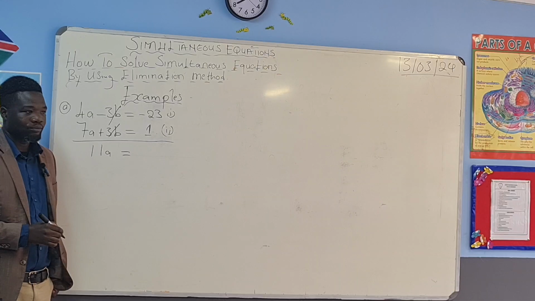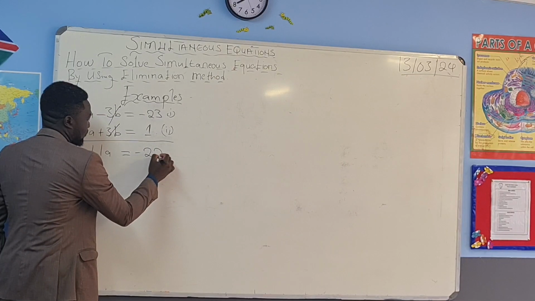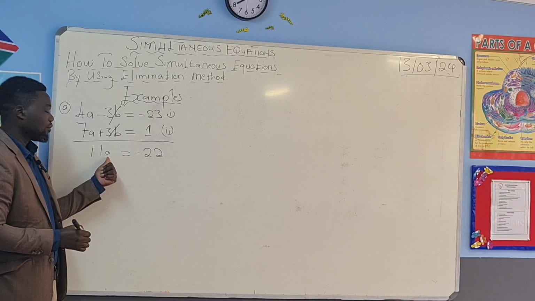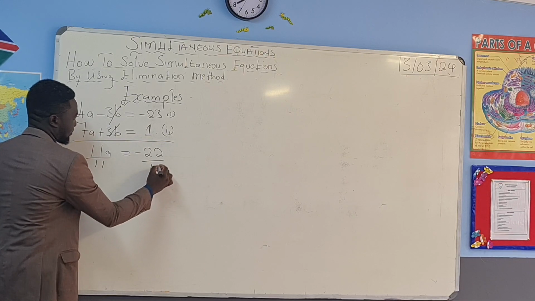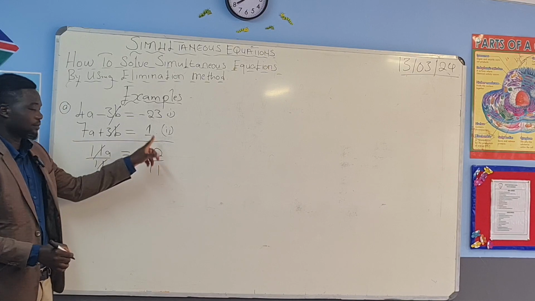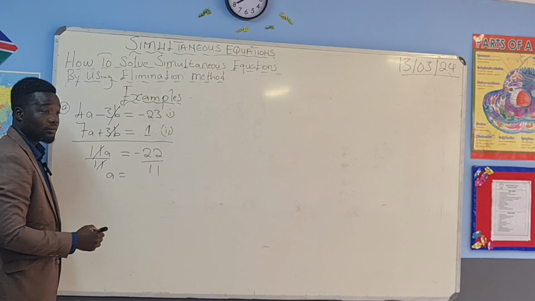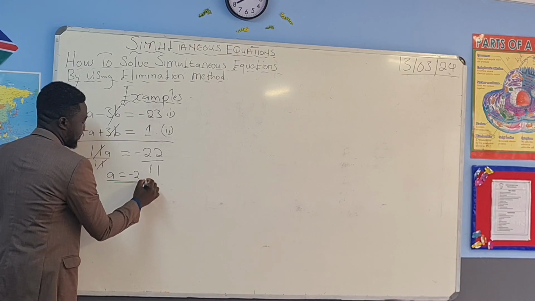What is the answer? Negative 22. So we are looking for a. Both sides we are going to divide by 11. Then a will be negative 2.